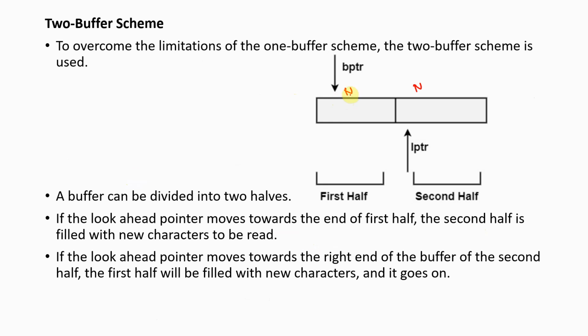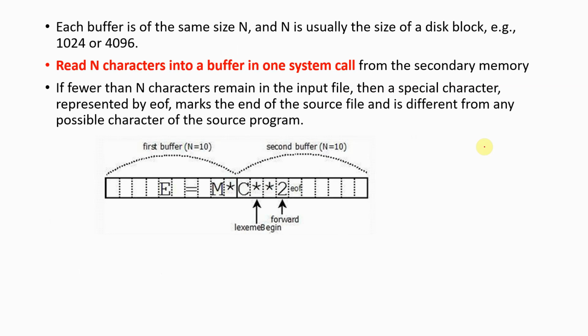We have two buffers with the size of n. Here the look ahead pointer moves toward the end of the first half, and the second half will be filled with characters. Like that, if the look ahead pointer moves to the end of the second buffer, the first buffer will be loaded with the data.